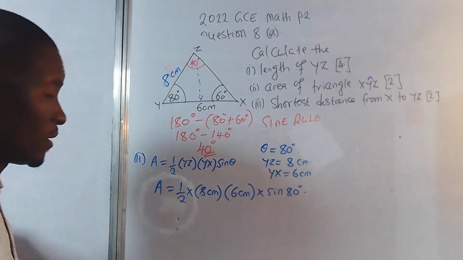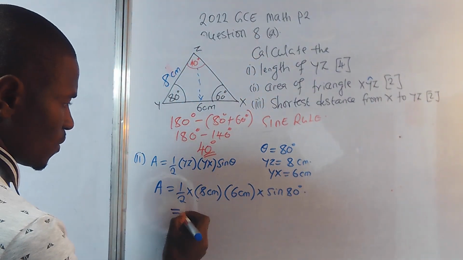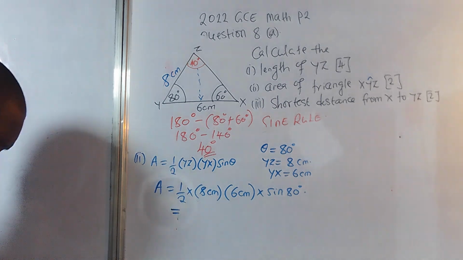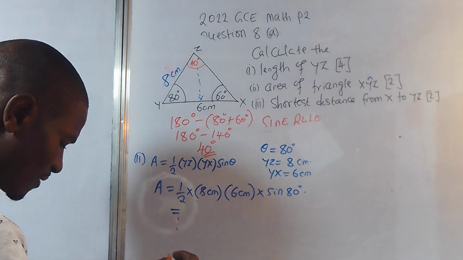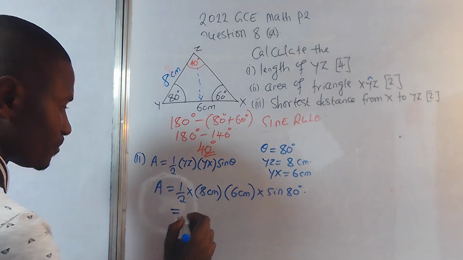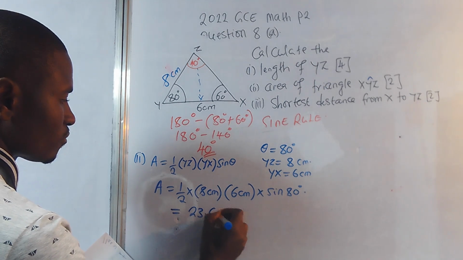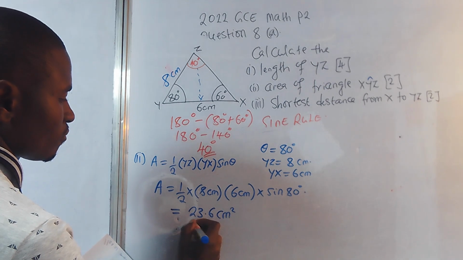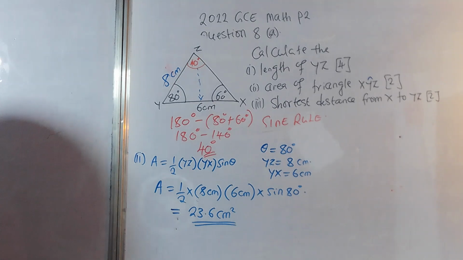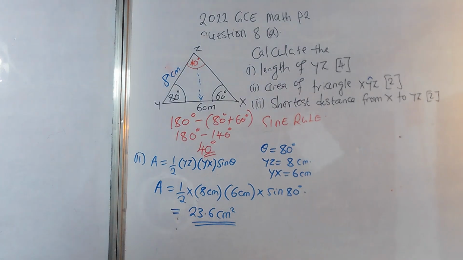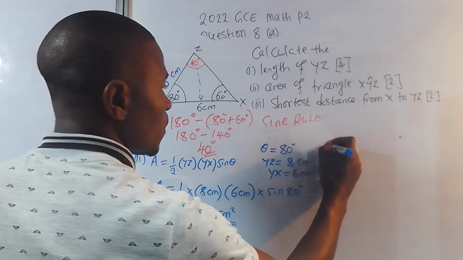So make sure that you do that. After you do everything, our answer is going to be this. So that's our answer for the area. Now let's go to the last one.